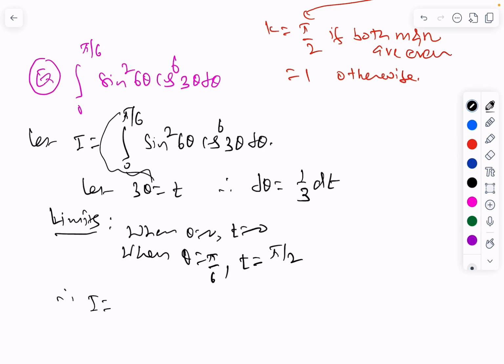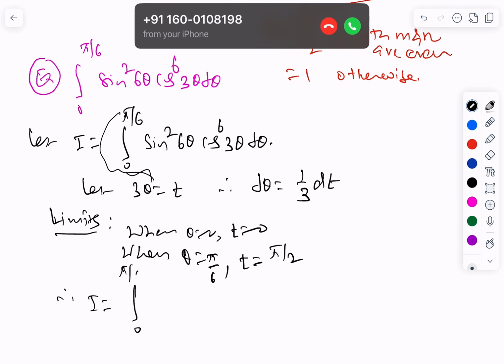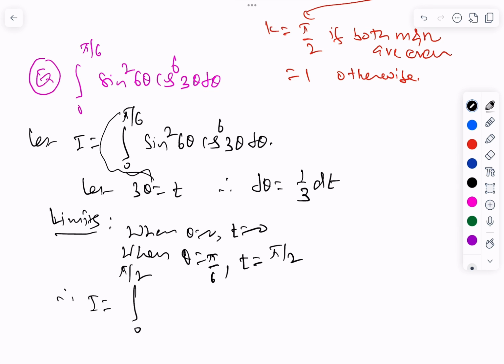And therefore the integration is 0 to pi by 2 sine power 2 2t cosine power 6t, 1 by 3 dt.